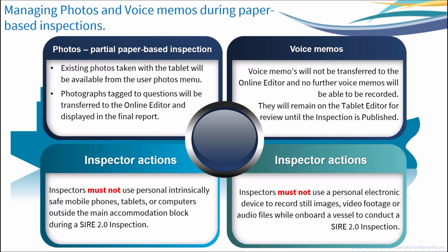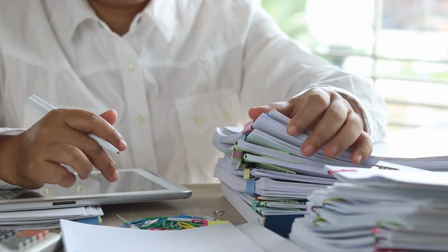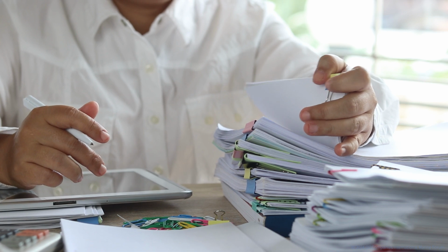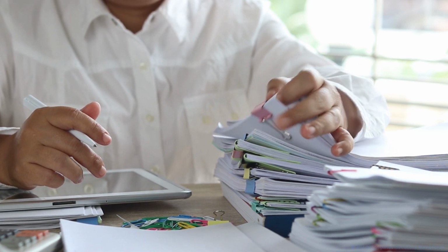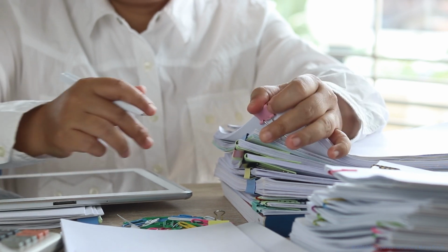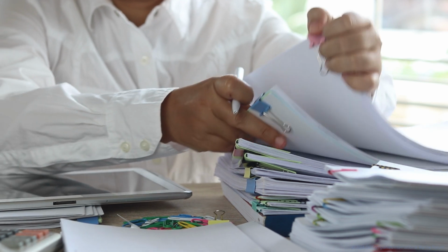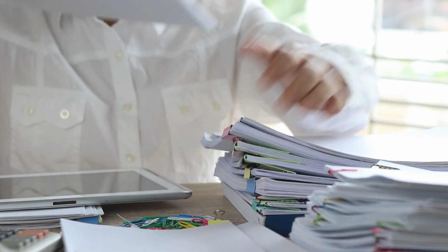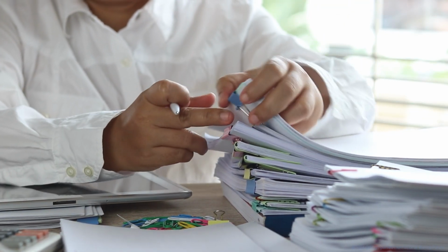Voice memos will not be transferred to the online editor, and no further voice memos will be able to be recorded. They will remain on the tablet editor for review until the inspection is published. All inspection checklists used by the inspector during a full or partial paper-based inspection should be retained by the inspector for auditing purposes until the final inspection report is published.